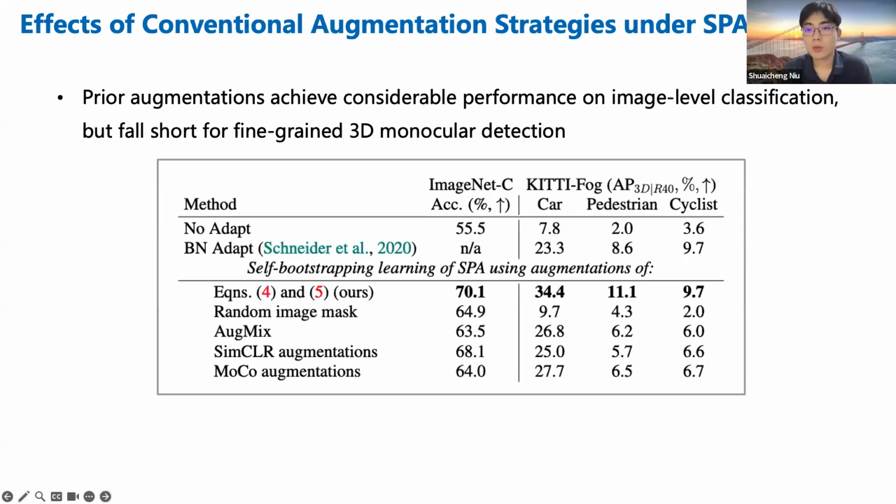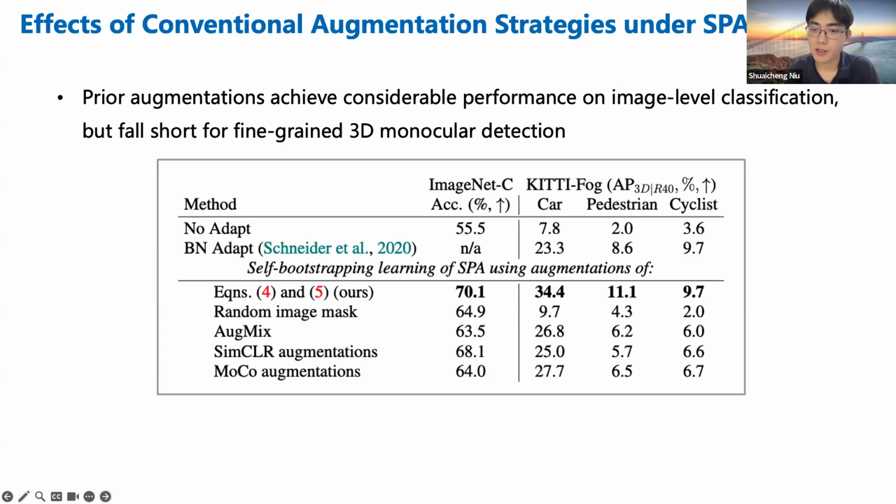Here, in this table, we also compare our proposed augmentation strategy with prior augmentations used in self-supervised learning and consistency-based TTA methods, by using our self-bootstrapping learning framework. The augmentation strategies include the image mask, AugMix, the monocular augmentations, and the SimCLR augmentations. Results in the table show that while prior augmentations can achieve considerable performance on image level classification tasks, they fall short for 3D monocular detection, where they often perform worse than the batch normalization adaptation.